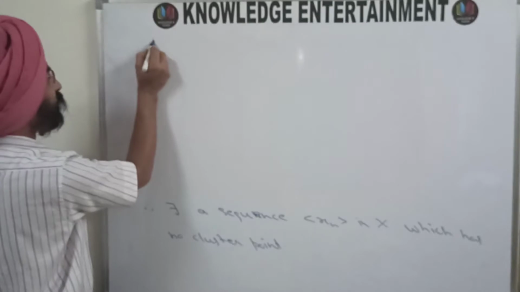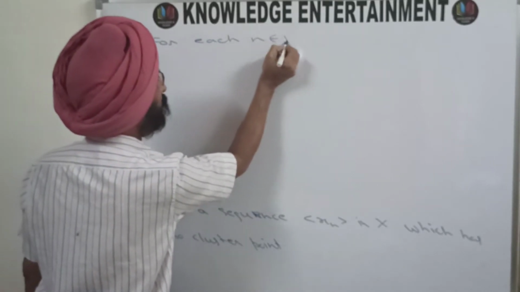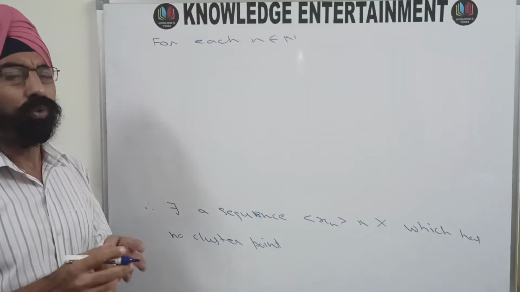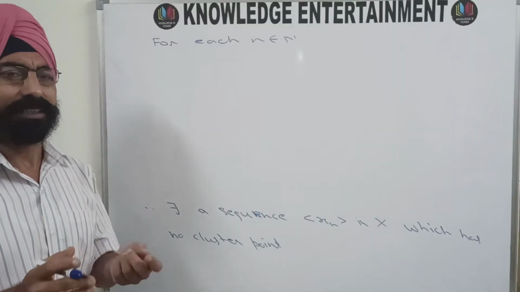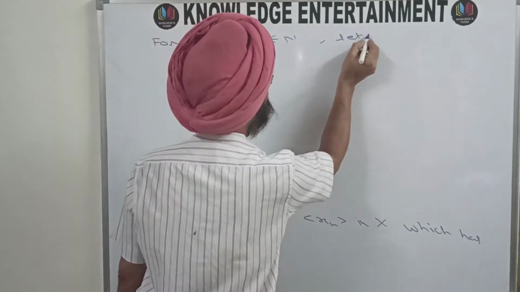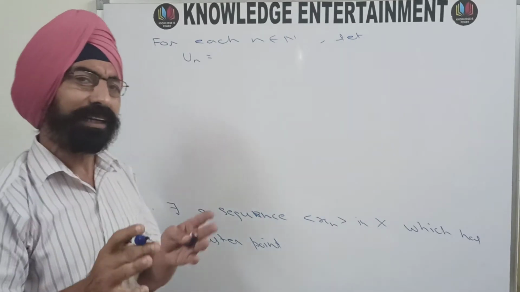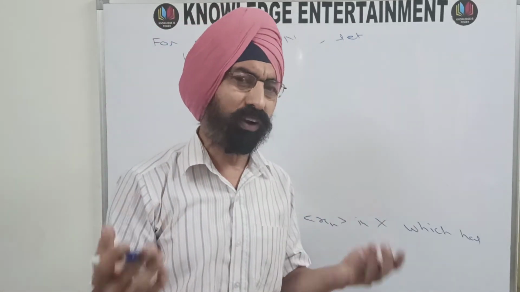For each natural number n belonging to N, we are going to construct a set Un. So let Un be the set, and we are constructing it in a new fashion.